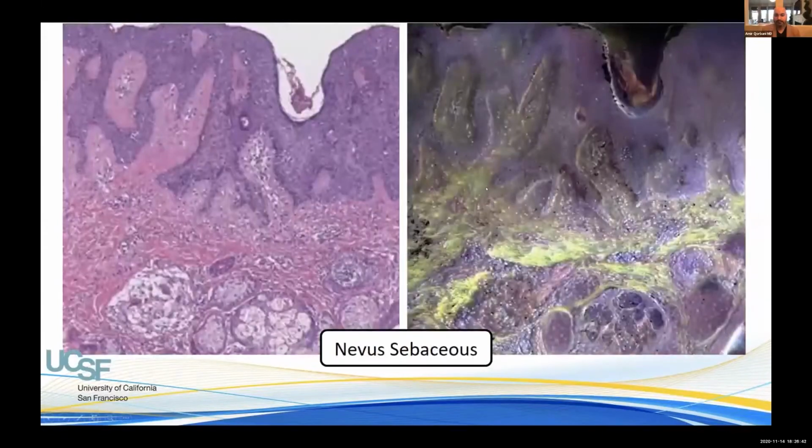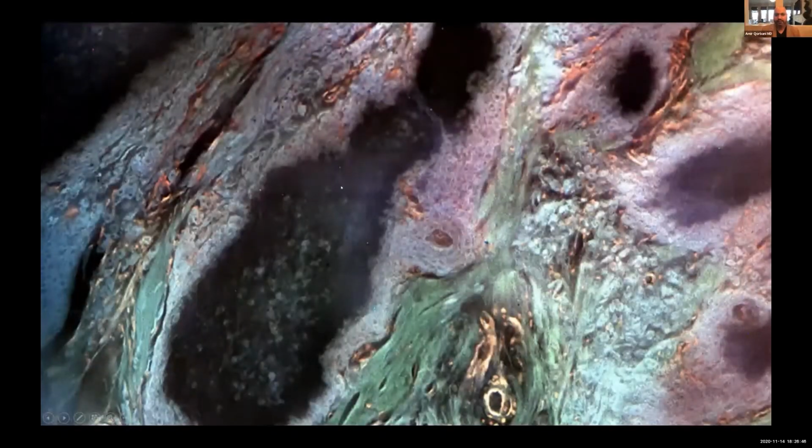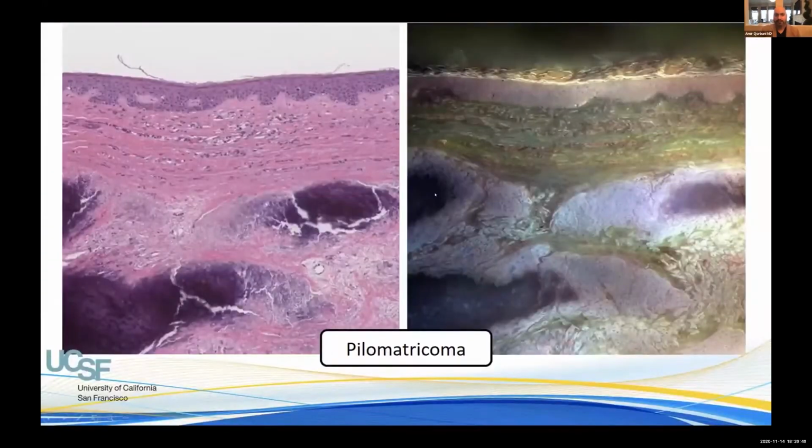Some of the comparisons were very informative. For example, on the left side, it's a pilomatricoma. It's a benign lesion, but sometimes hard to diagnose because you have to find the ghost cells, which are characteristic.